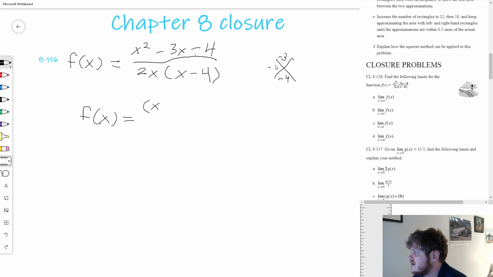If we think about it, we have -4 and 1. So we have x minus 4 times x plus 1, all over 2x times x minus 4.